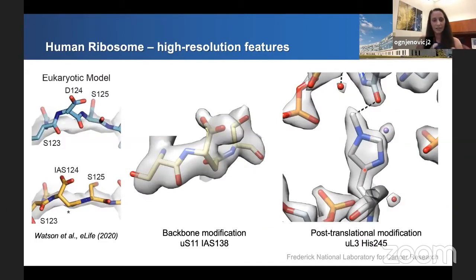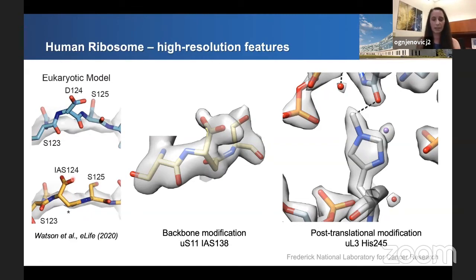So it has been known for a long time that there is a backbone modification in uS11 protein in the small ribosomal subunit, but it was only seen for the first time last year in a paper published last year from Jamie Cate's lab. They reported a 2 angstrom resolution structure of the E. coli ribosome, and in this structure they could clearly pinpoint the location of this isoaspartate.